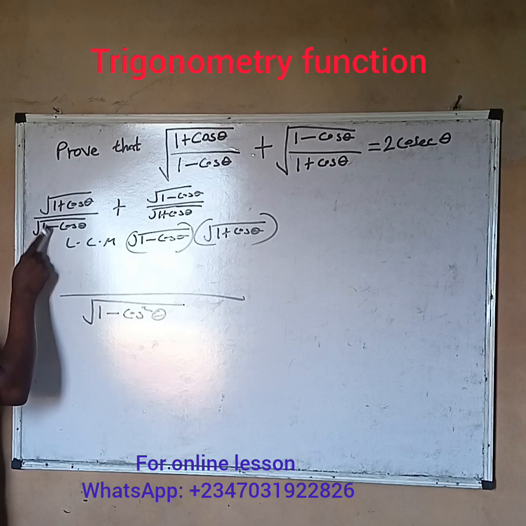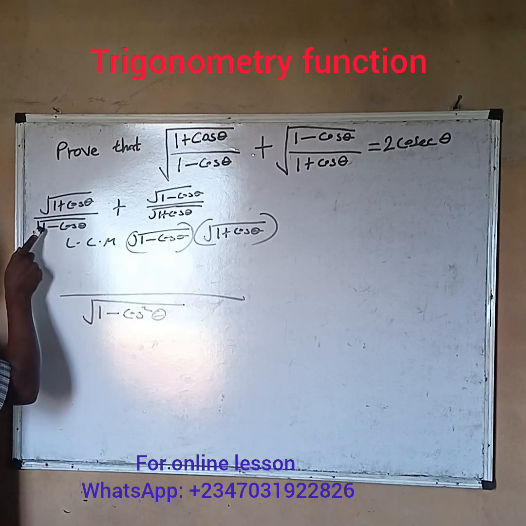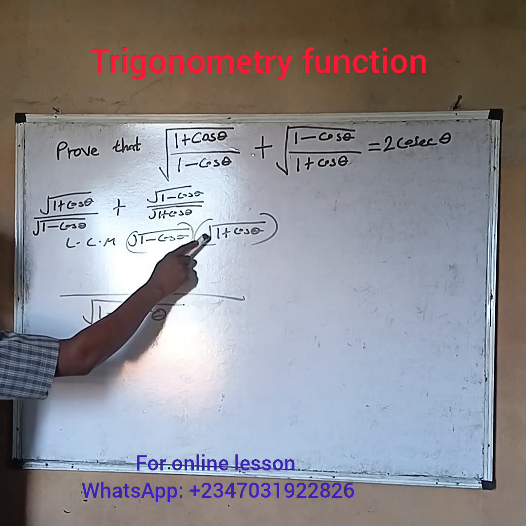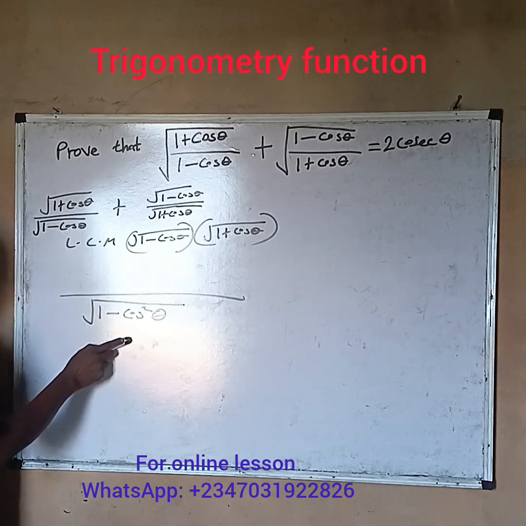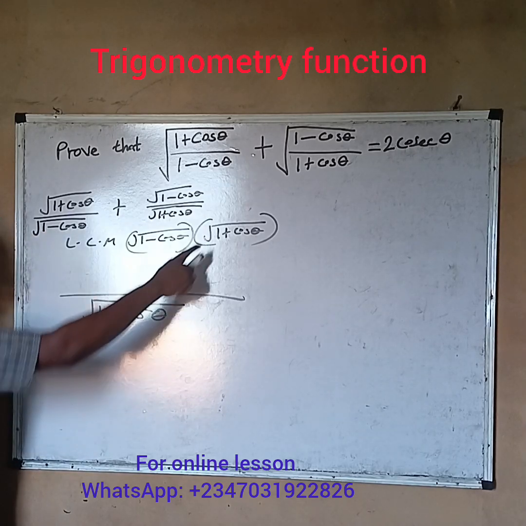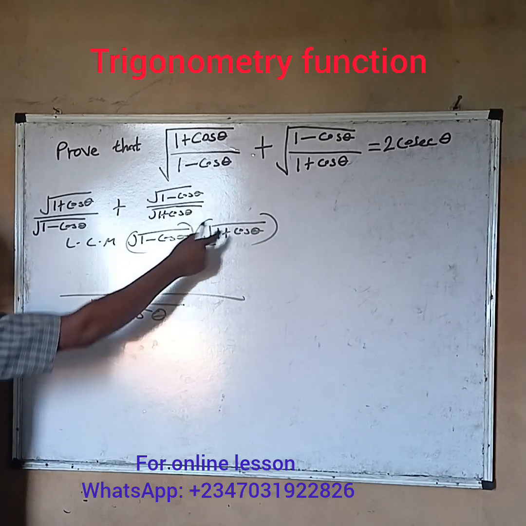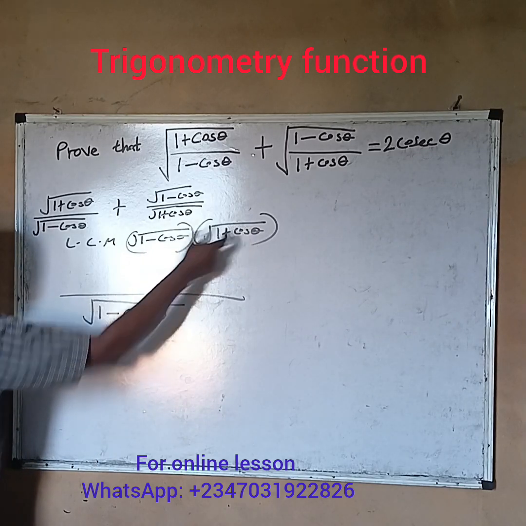So when you use this to divide, remember it is 1 minus cos theta and 1 plus cos theta that is involved here. When you use this to divide, you'll be having the square root of 1 plus cos theta, so the square root of 1 plus cos theta will leave this place.